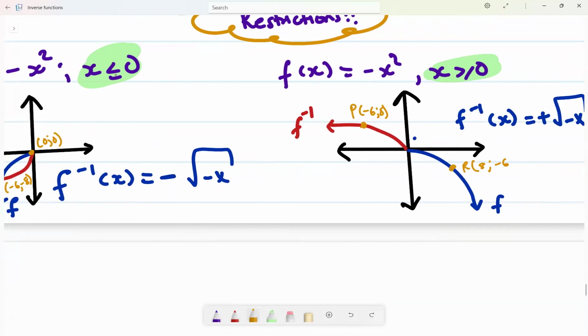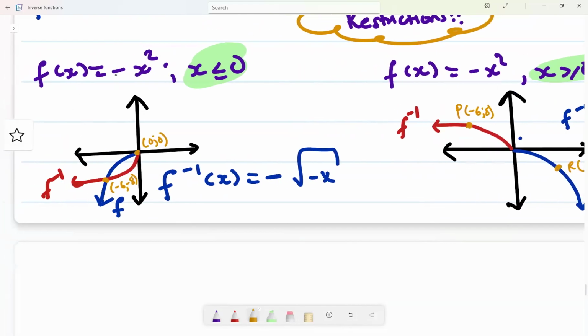They might say to you, okay, we have a point there of coordinates -1 and 2.